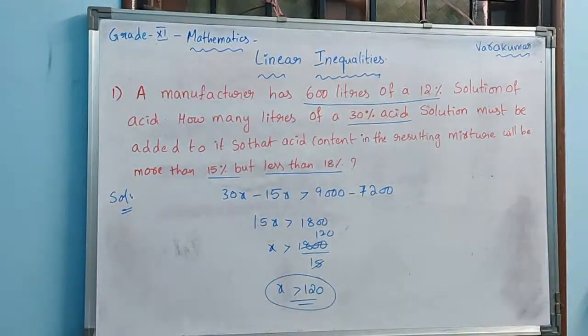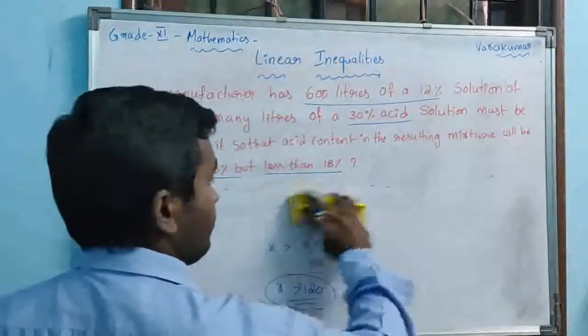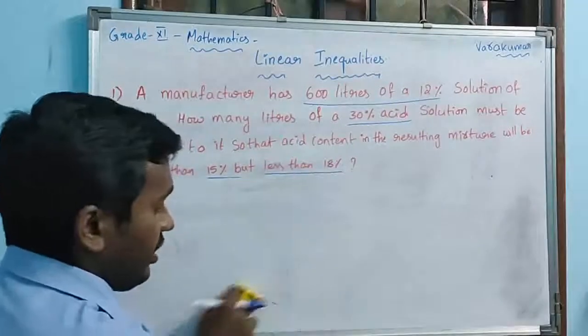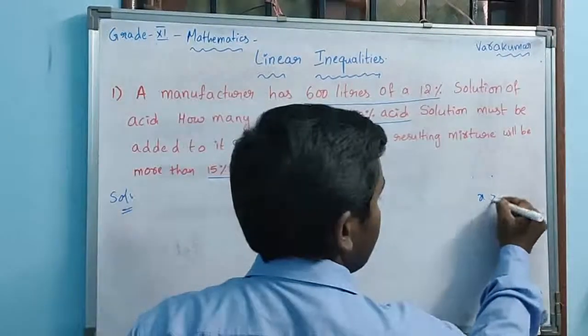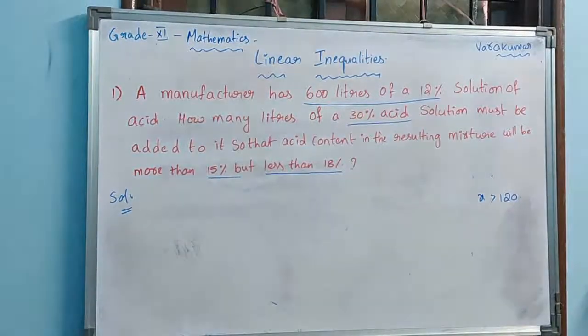Okay, now one more relation is given. That relation I am going to apply. So let me write it, x greater than 120 here. Now what is the other relation given? If you add 30% solution to the 12% of 600, it is less than 18%.